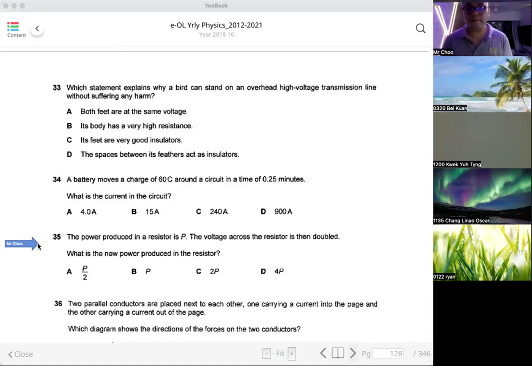Okay, Xiaoxing and Hao Rui, well done. Oscar, incorrect. Yiting, well done.